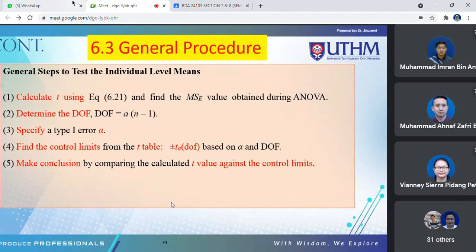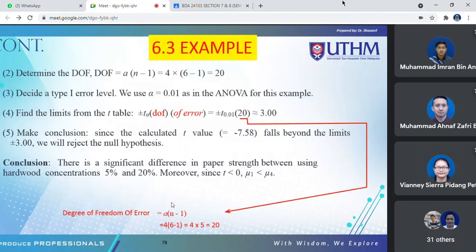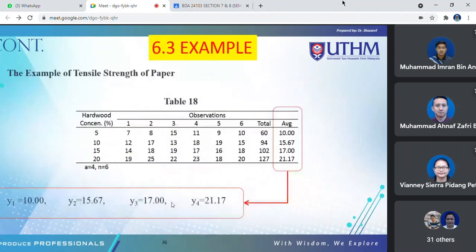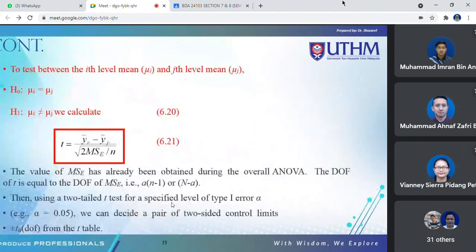In this chapter, some of you might realize, or might be thinking, that we are using the two-tail test.